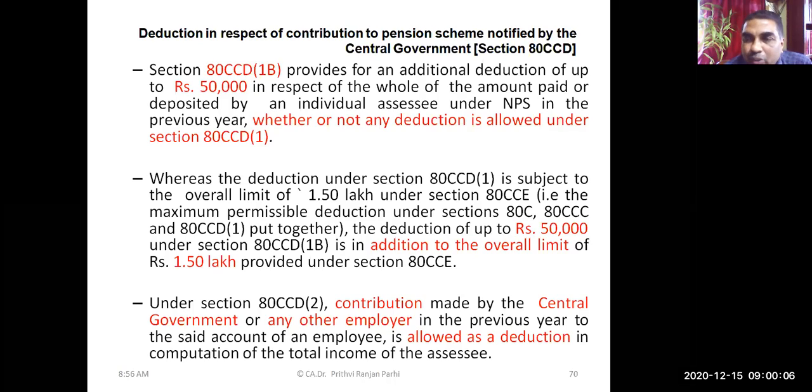That means employees' contribution is allowed as a deduction. Employer's contribution. Employer means who? Maybe central government or any other employer shall also be allowed as a deduction. That means employer's contribution will be included in the total income of the assessee, and again it will be allowed as a deduction.